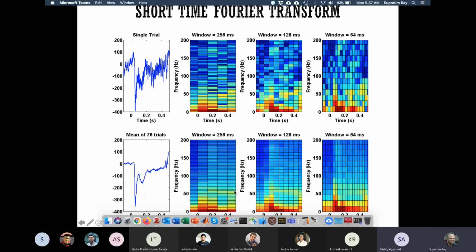The question is whether this spectrum that you see here is the short time Fourier transform of this signal here. There are 76 such trials, so you'll get 76 such spectra like these, and then you are averaging. This is the mean of 76 such trials.